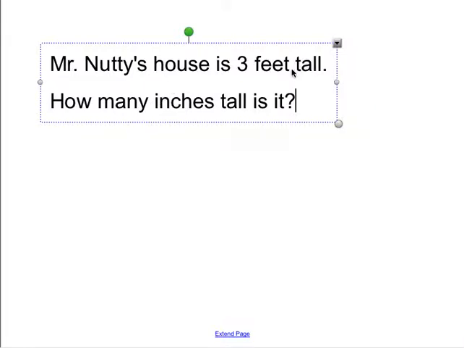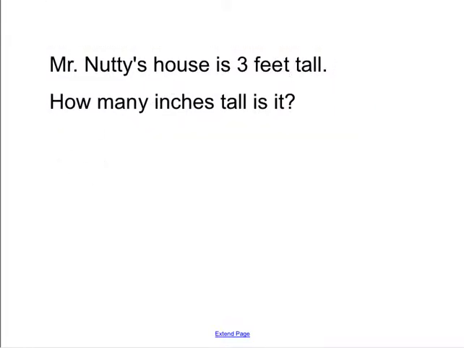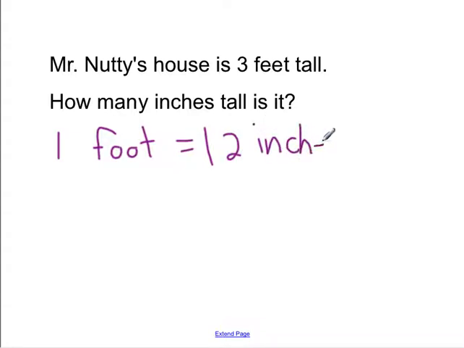So we remember that in 1 foot, we have 12 inches. So if you were to double that and do 2 feet, it's just like laying another ruler down. So you would have 12 plus 12, or 24 inches.